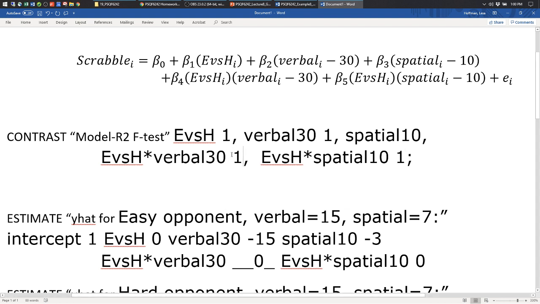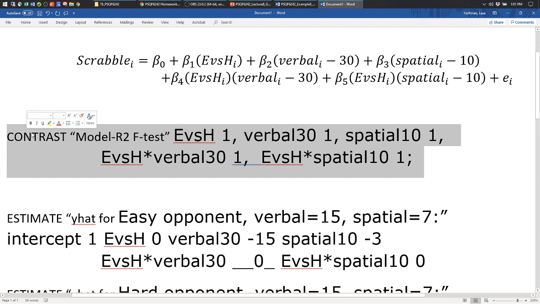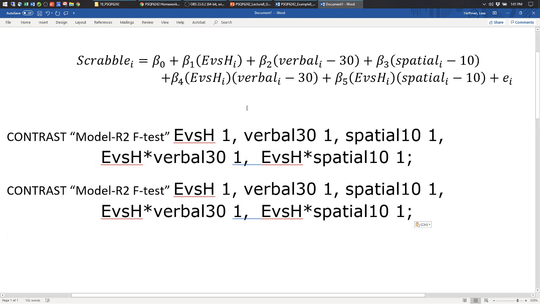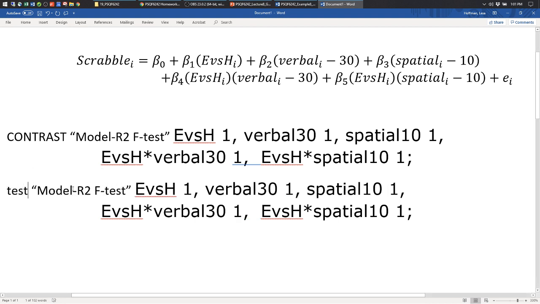Okay. So this is given to you by default. All programs will give you an F-test of the model. But if I wanted to recreate it, it would look like this. Each fixed slope in the model gets a 1 with a comma behind it. The same thing in Stata looks like this. It goes test.